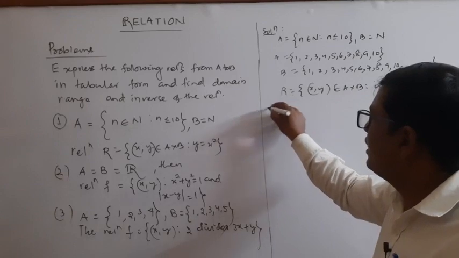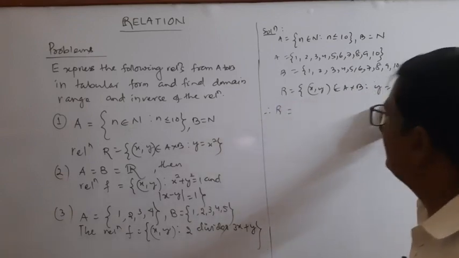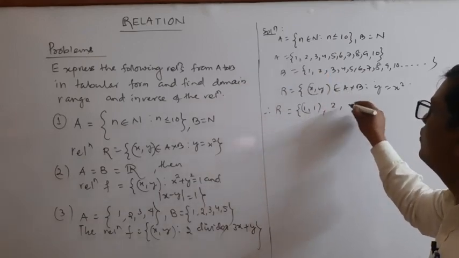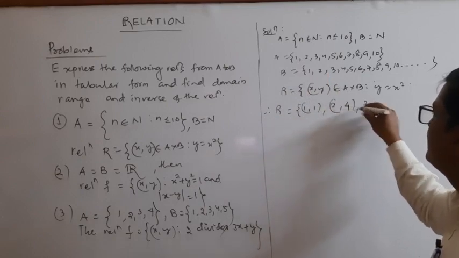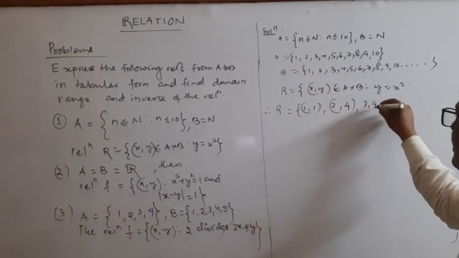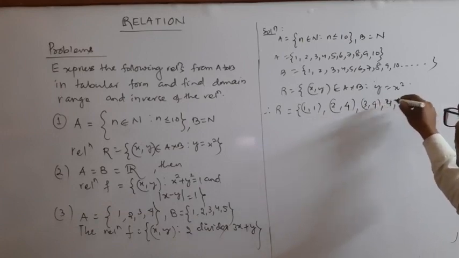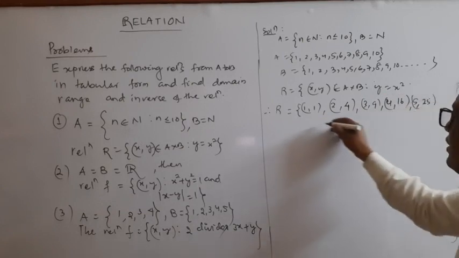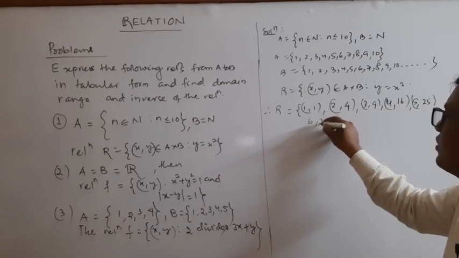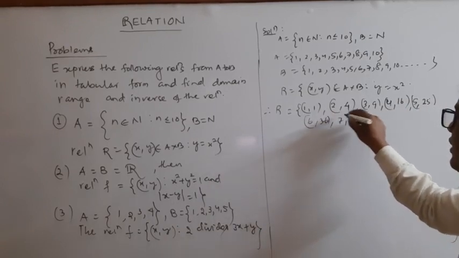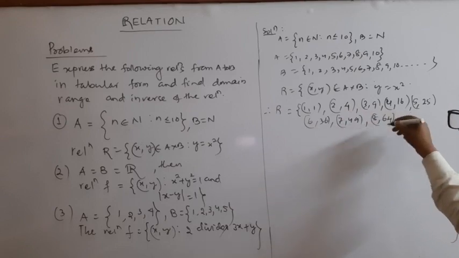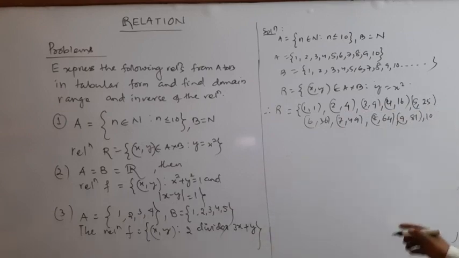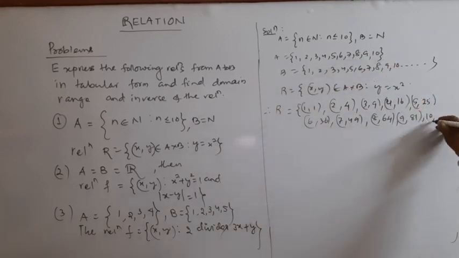Therefore, the relation R is equal to: if x is equal to 1, y equals 1; x equal to 2, y equal to 4; x equal to 3, y equal to 9; x equal to 4, y equal to 16; x equal to 5, y equal to 25; x equal to 6, y equal to 36; 7, 49; 8, 64; 9, 81; 10, the last element of the set A, and this is 100.